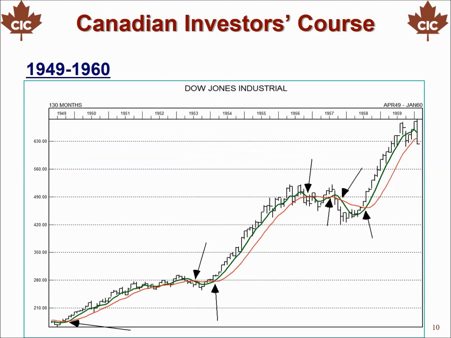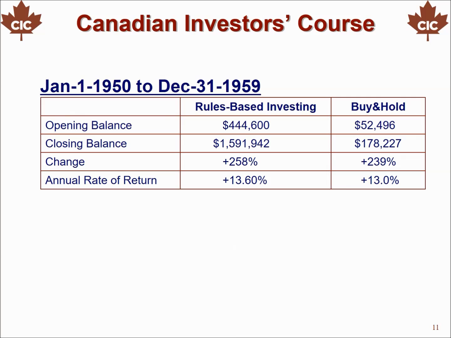Carrying on, 49 to 1960. This one's going to be a little bit more favorable for the buy and hold camp. Starting with $444,600, the closing balance was $1,591,942, or a 258% change.